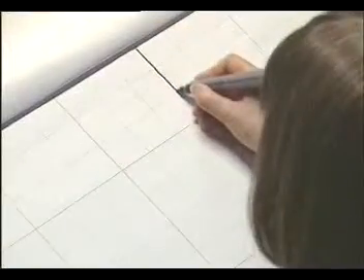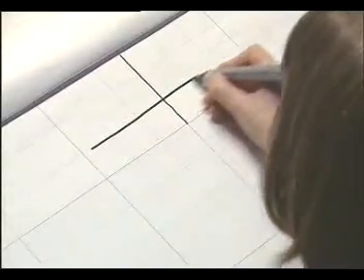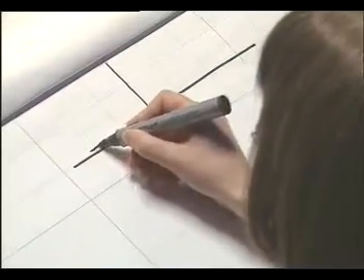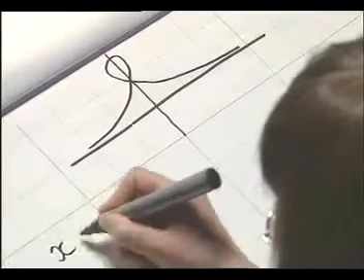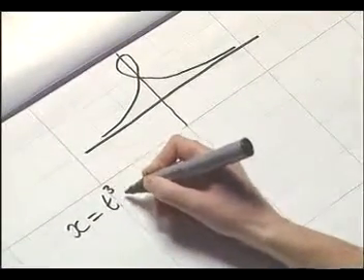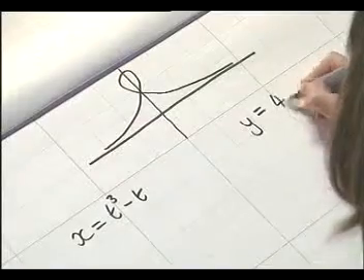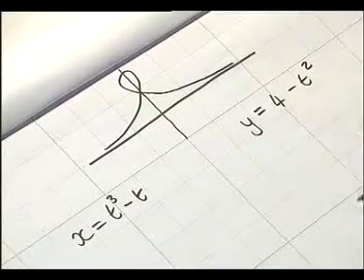Let's look at another example, one that's a little bit more complicated. The parametric equations for this example are x equals t cubed minus t and y equals 4 minus t squared.